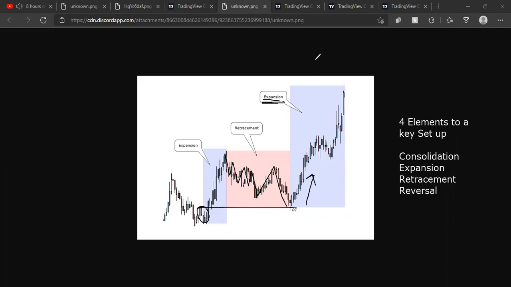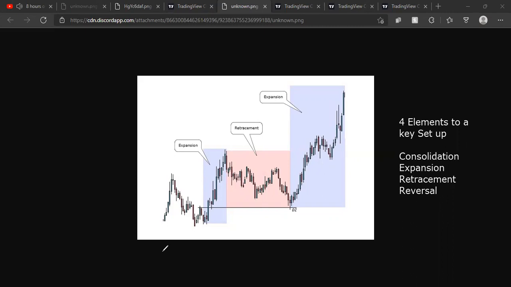And maybe some of you guys are gonna ask, can I look at this on every time frame? Can I see these types of things on every time frame? And my answer is yes. You can trade the same way.